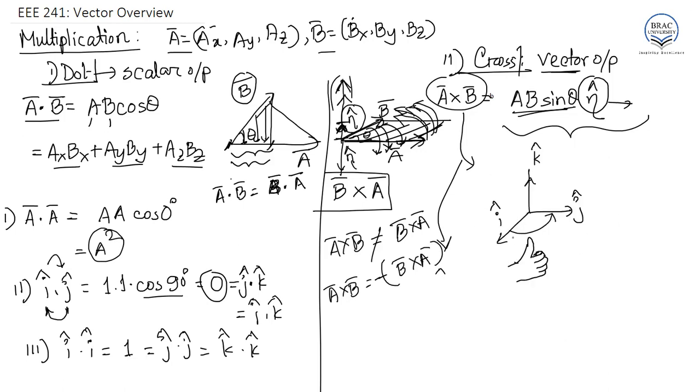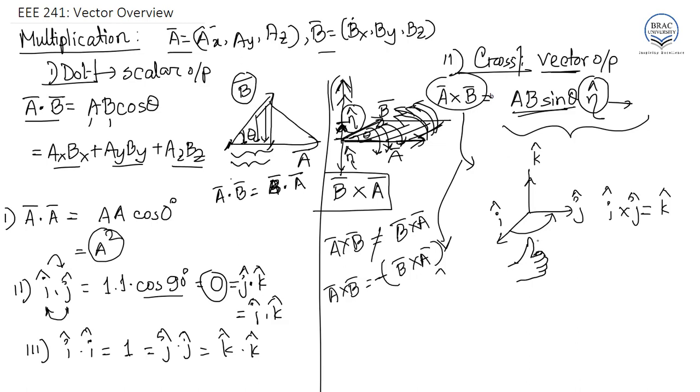Now let's say you're performing a cross product between i and j. If you carry out i cross j, what you'll get is k. Why is that? It's because i, j and k all are unit vectors, so their magnitudes are individually one.